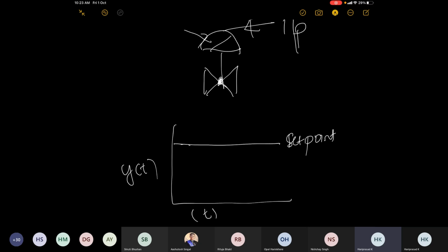I am showing the product output. It could be concentration. This is the set point, be it 0.99 or so. This is your desired set point. It won't change with respect to time, and this is something that you need to achieve.